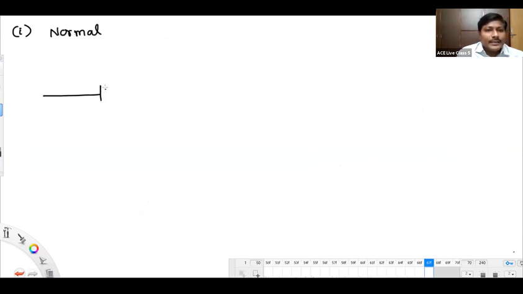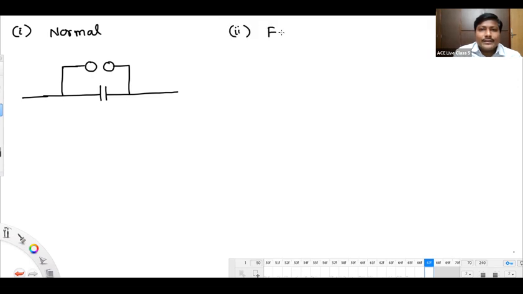This is the series capacitor we have, and the spark gap we are adding something like this. Normal condition. Second case, abnormal case or faulted case.